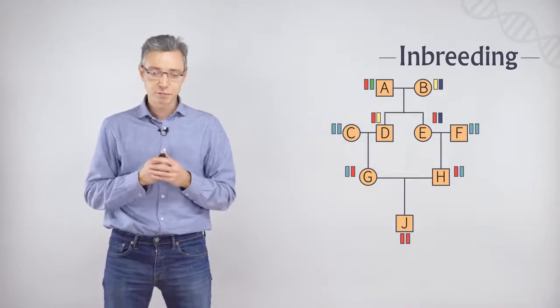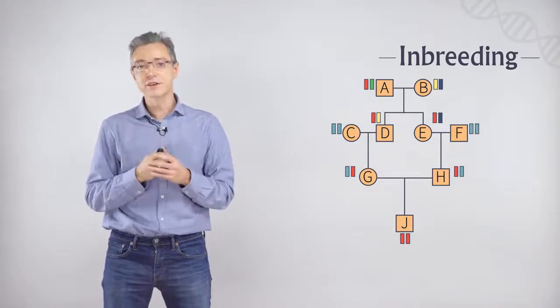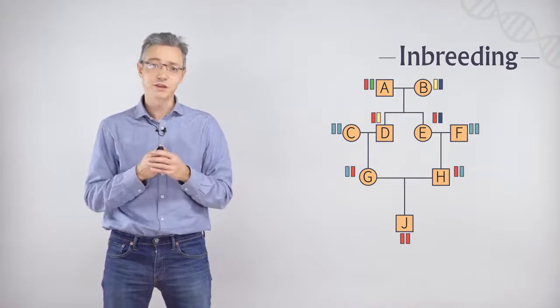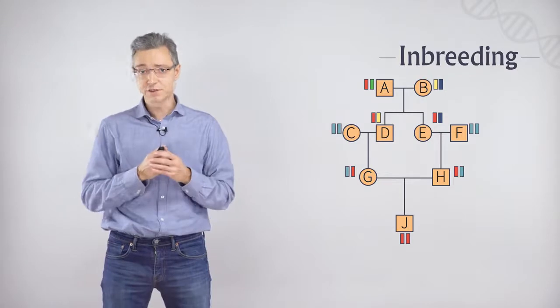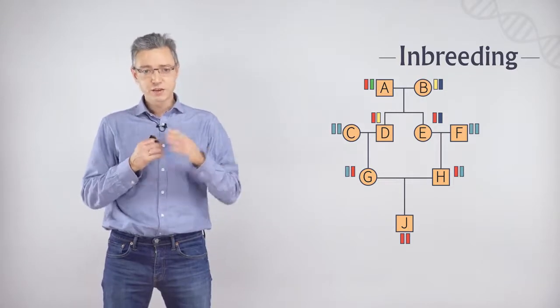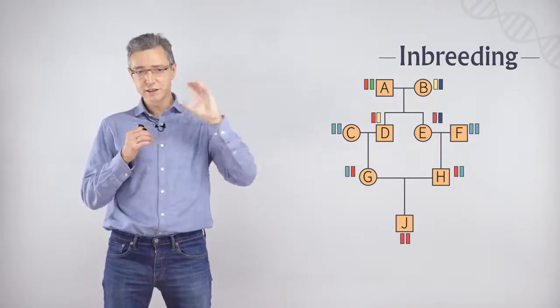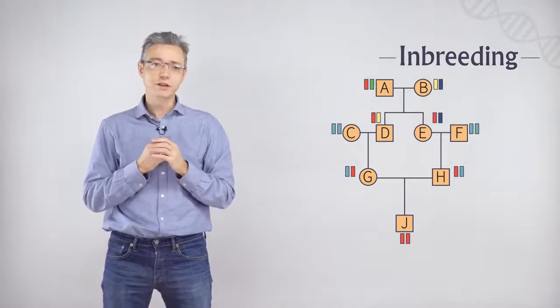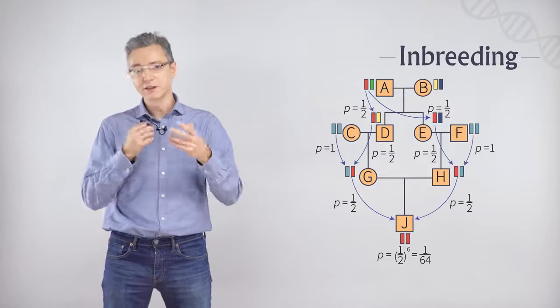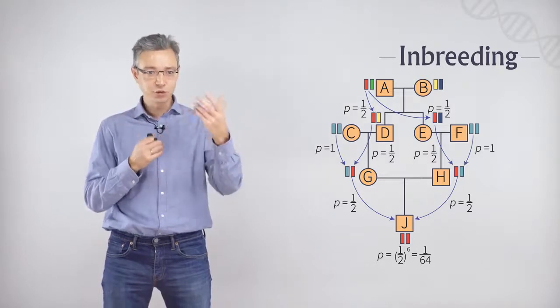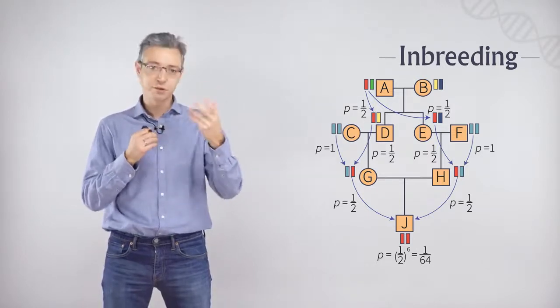So for this specific pedigree, let's think about what the chances of homozygosity by descent are for this individual at some random location in the genome. We can track this red allele, which is depicted in the figure, and the chance that this specific red allele is transmitted to individual D is 50%.